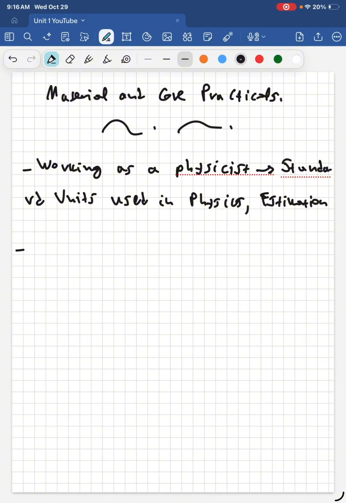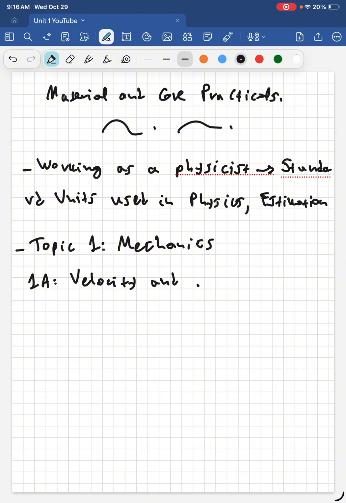We will then move on to topic 1, where we will discuss mechanics as the broad topic, and topic 1 is broken into several subtopics. 1A is velocity and acceleration. Then we will go on to talk about motion graphs.